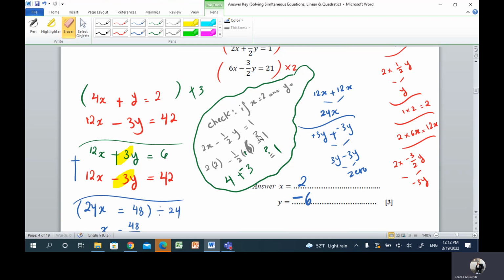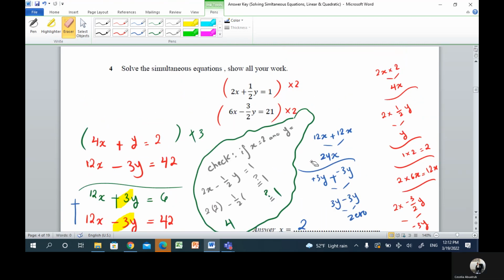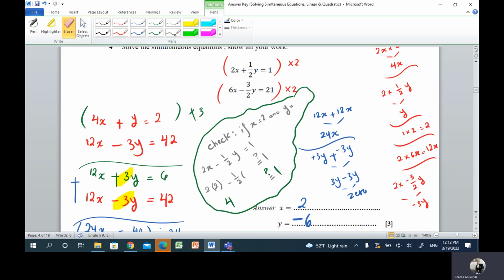The one problem that we had was that we copied this equation wrong. As you look up there, the given equation is 2x plus 1 over 2y, is it equal to 1?